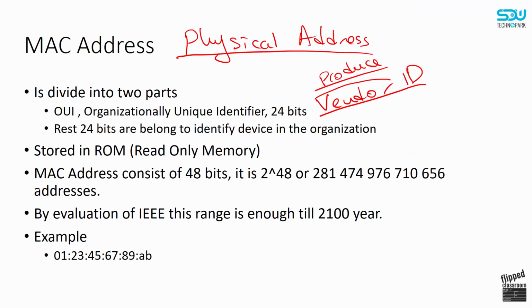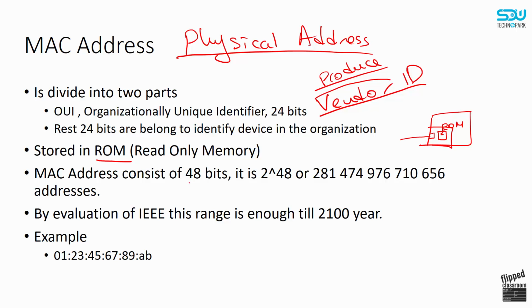Let's continue. The MAC address is stored in ROM memory. ROM is read-only memory. You cannot change it by default. And the ROM is placed in the network interface card. So you have a computer, in the computer you have a network interface card with its port, and you connect with Ethernet. Here we have a ROM memory in which we store the MAC address.